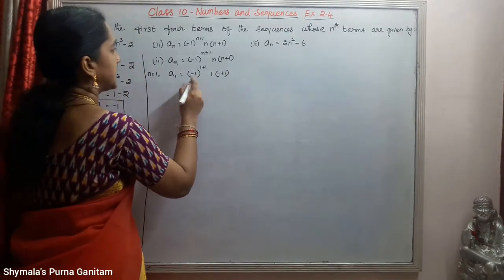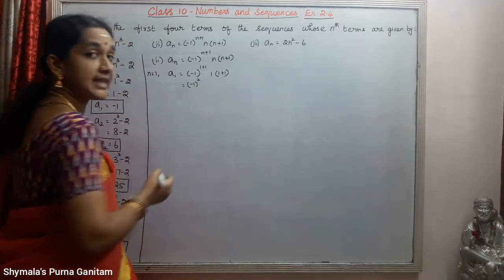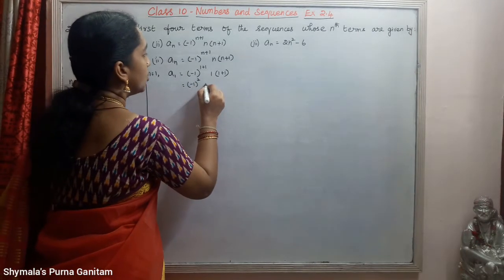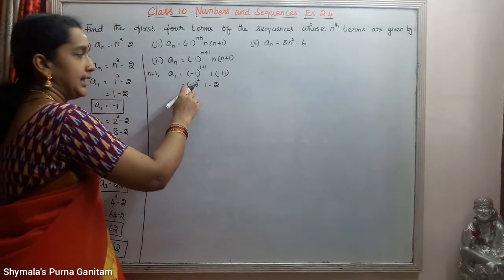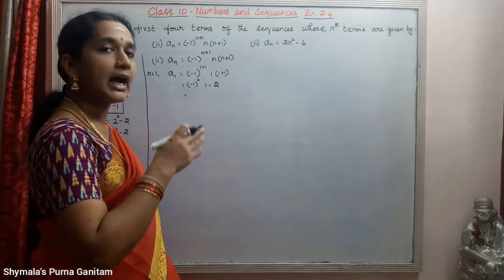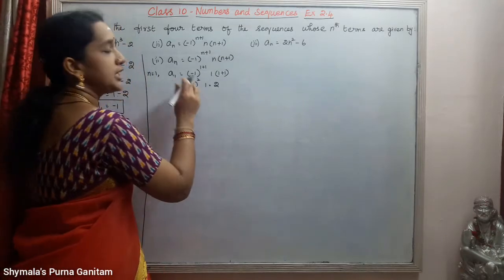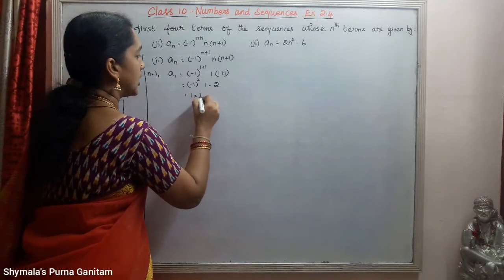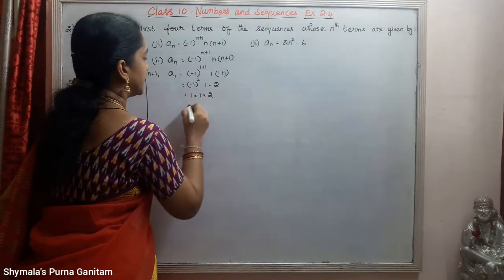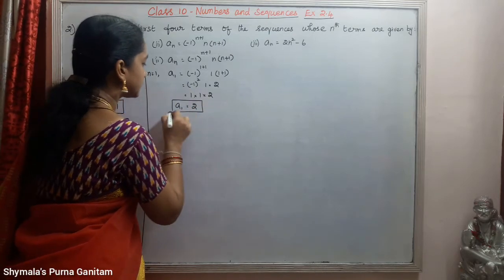So this is equal to (minus 1) whole power 2, that is an even number. Then 1 into 1 plus 1 is 2. Since a negative number is the base and we have an even power, minus 1 into minus 1 is 1. We will get a positive number here. So 1 into 1 into 2.